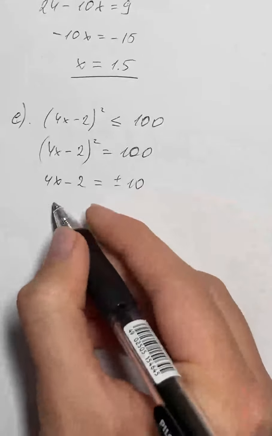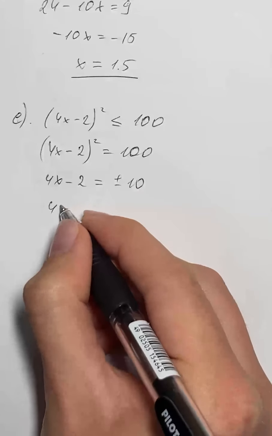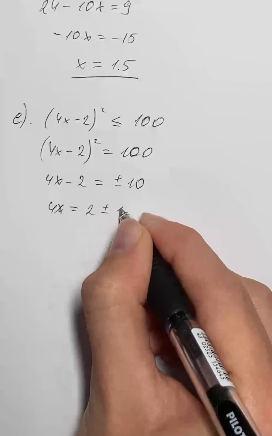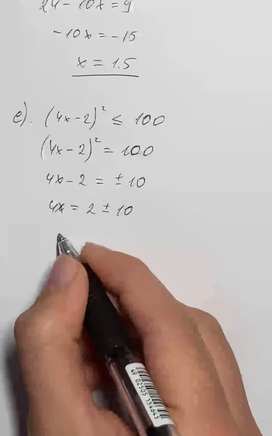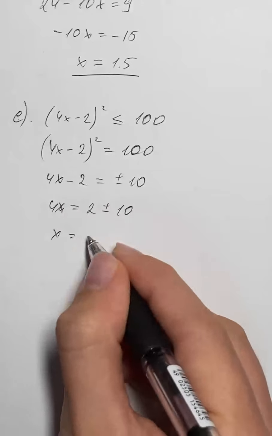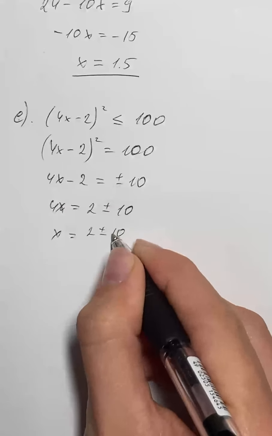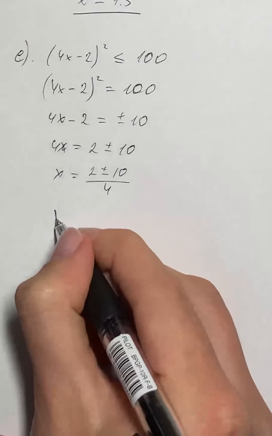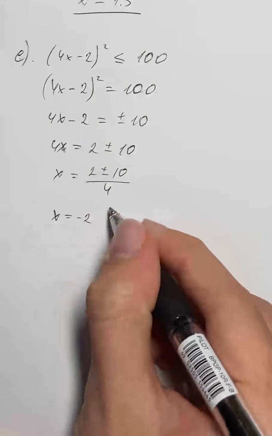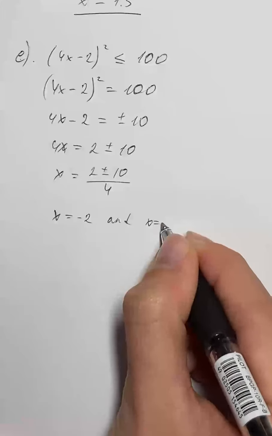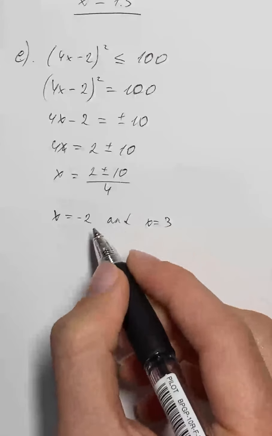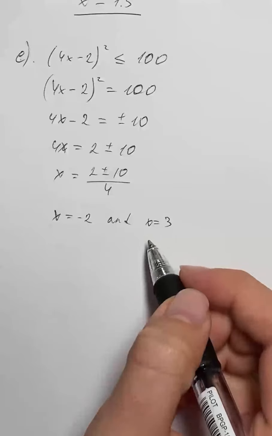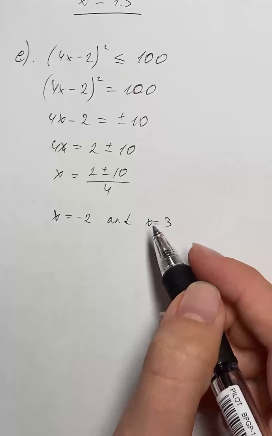And now we add 2 to both sides and we get 4x equals 2 plus or minus 10. And now we divide both sides by 4 and we get (2 plus or minus 10) over 4. Therefore, x equals negative 2 and x equals 3. So the boundary points are x equals negative 2 and x equals 3.